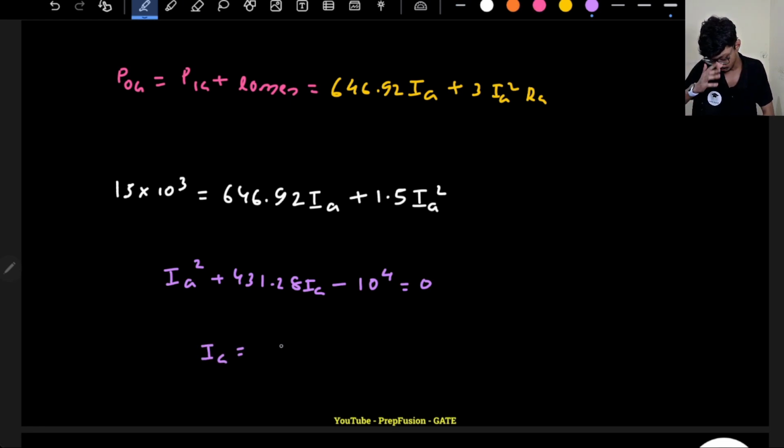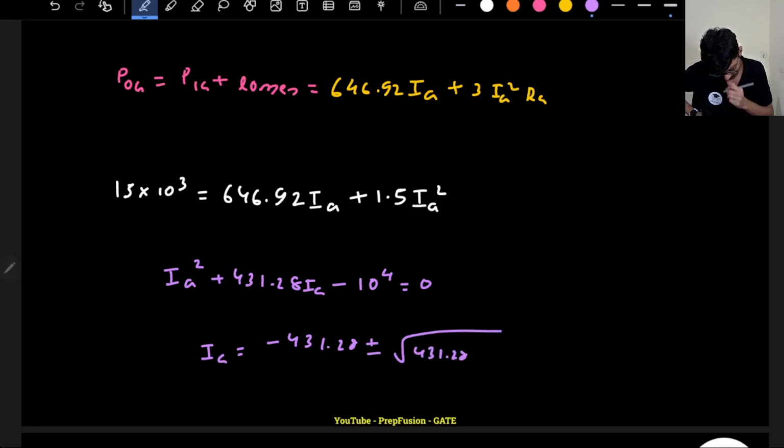It will be minus B plus or minus the square root of B square, that is 431.28 whole square, plus 4AC, because the negative sign is already included. So it will be 4 into 10 raised to the power 4, divided by 2A.